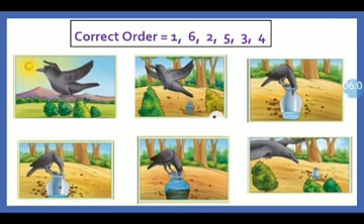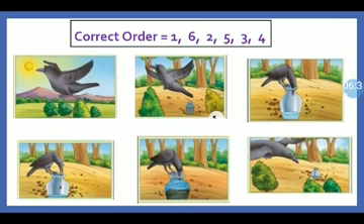So in the first picture you could see the crow searching for water. Second picture you could see that he saw the jug. The third picture you see that he has pushed his head into the jug, but the water is at a very low level, so he could not reach it.